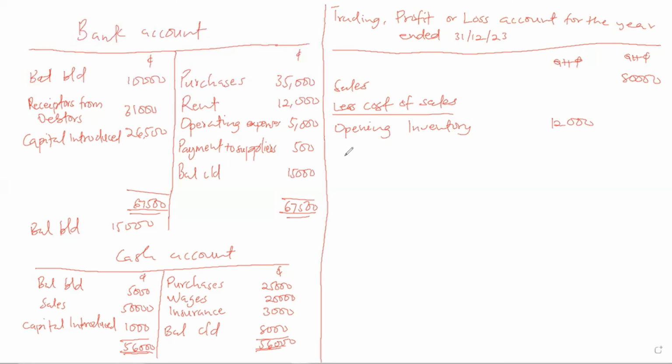And we add purchases. With the purchases too, we add the purchases paid by cash and the purchases paid by bank, which is 25,000 and 35,000, giving us 60,000. So when we add this, we have 72,000 as our cost of goods available for sale.